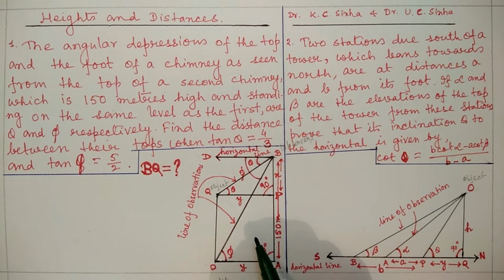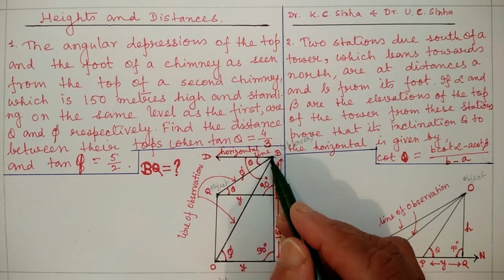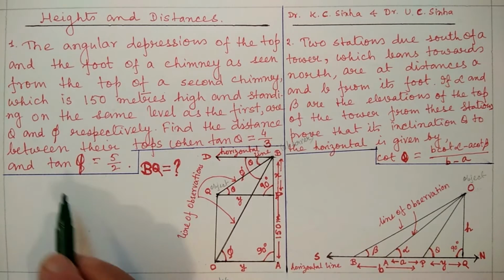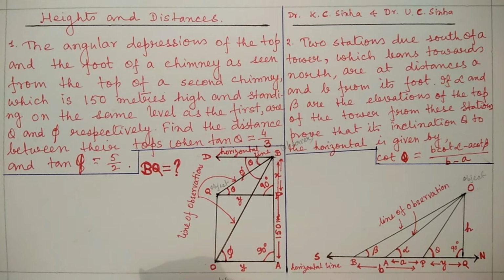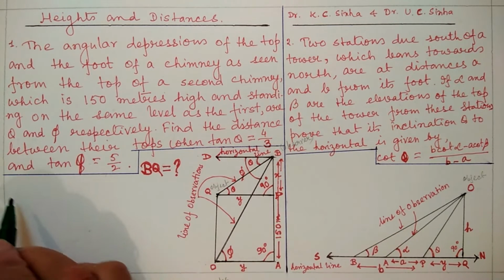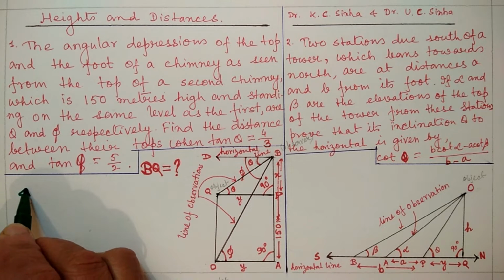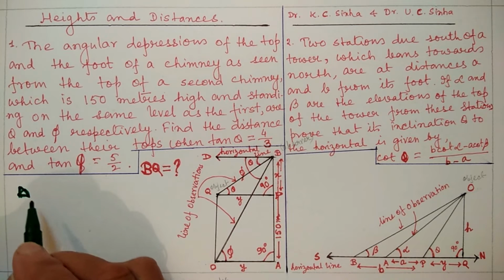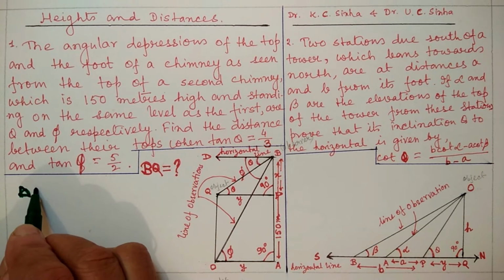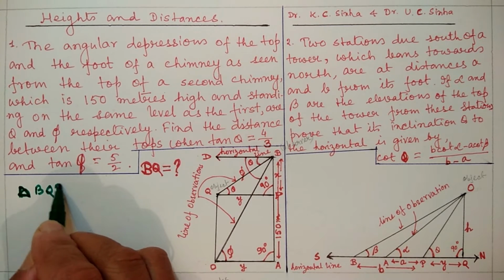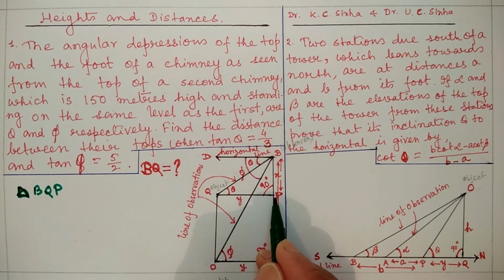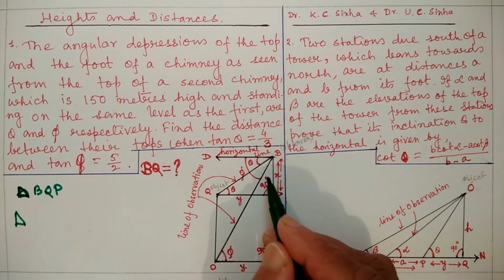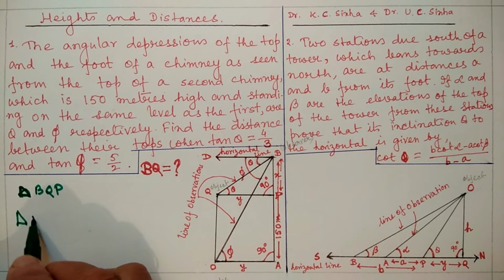So now we have to find BQ. Friends, tan theta is equal to 4 by 3 given, and tan phi is equal to 5 by 2 given. So we will take two right angle triangles: right angle triangle BQP and right angle triangle BOA.